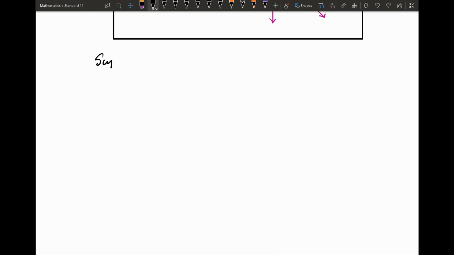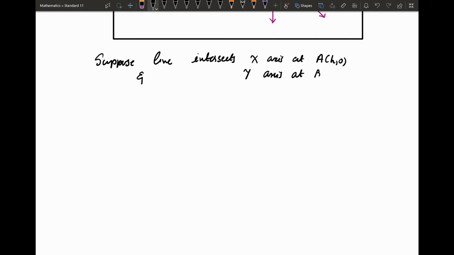Suppose the line intersects the x-axis at A(h, 0) and the y-axis at B(0, k). Let P(a, b) be the midpoint of line segment AB.